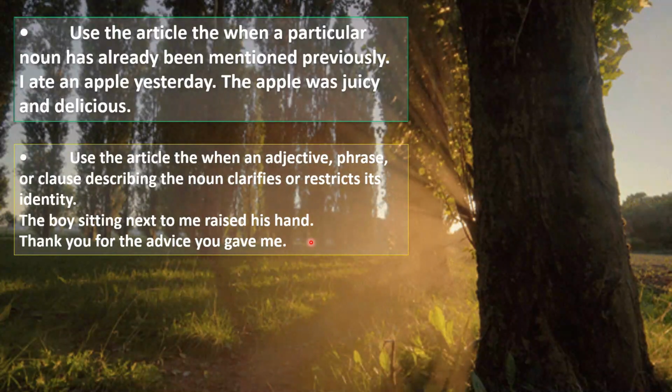Not all boys, only the boy sitting next to me. Because sitting next to me is the restriction. You make it a barrier, to limit. Not all boys, you make it the. Thank you for the advice you gave me. You gave me, it is the advice because it is specific.